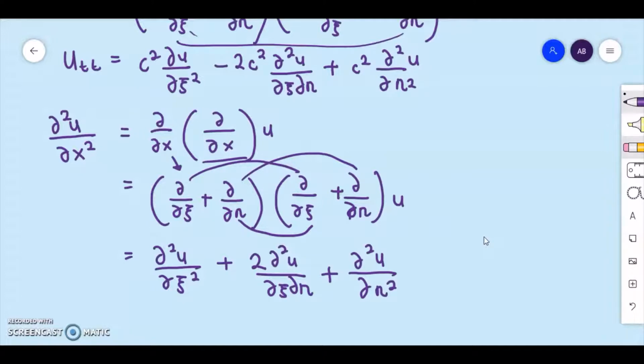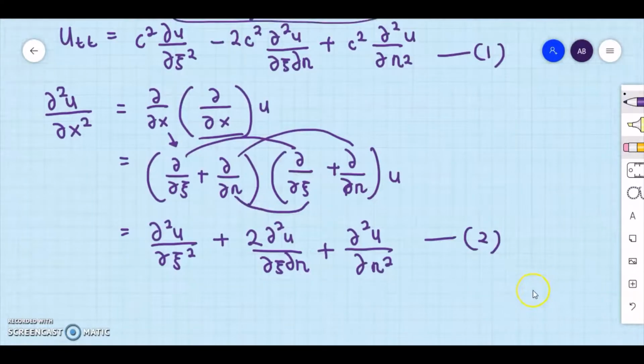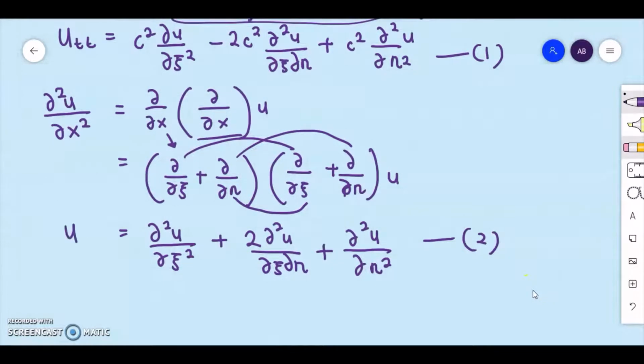So we have these 2 equations here, equation 1 and equation 2, involving xi and eta. Now this is my second derivative with respect to x.